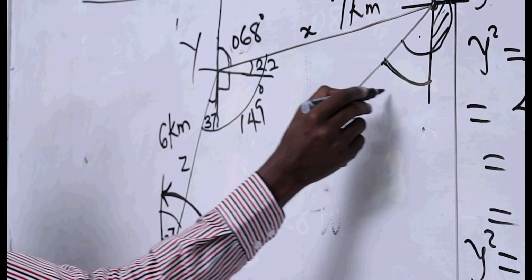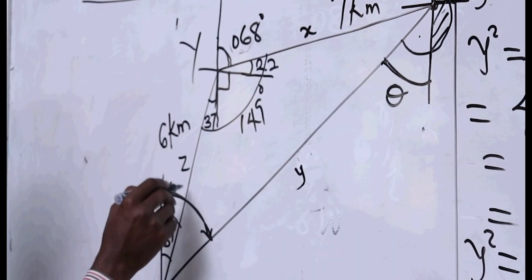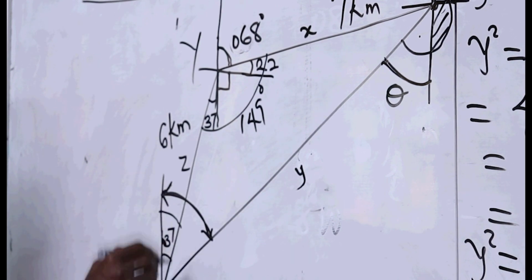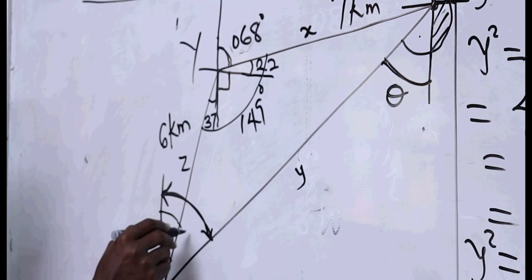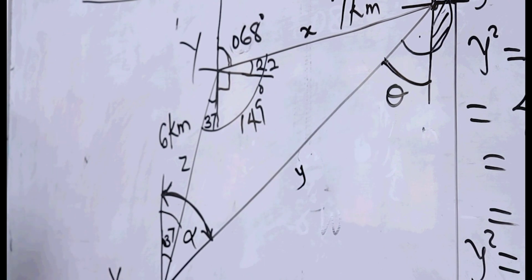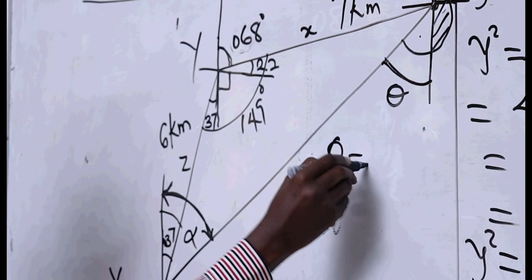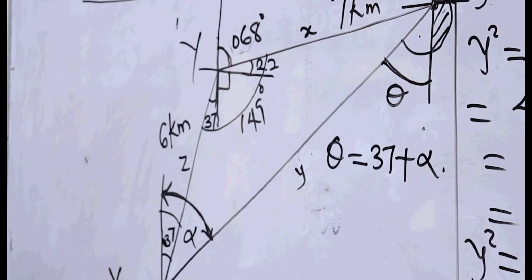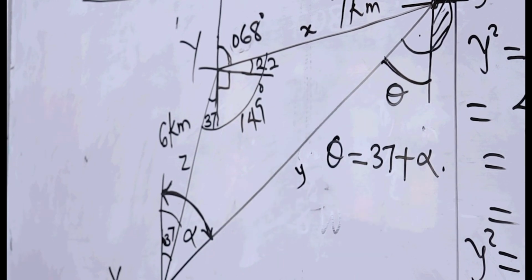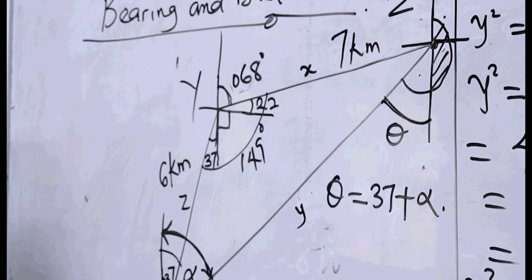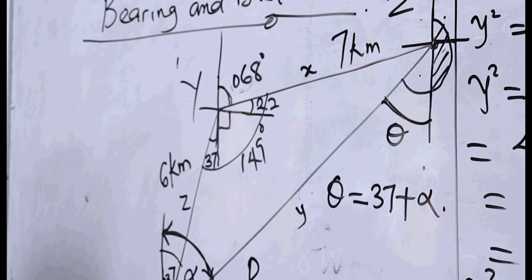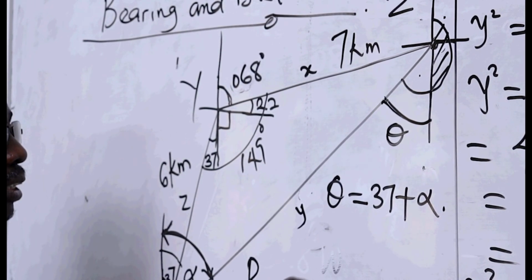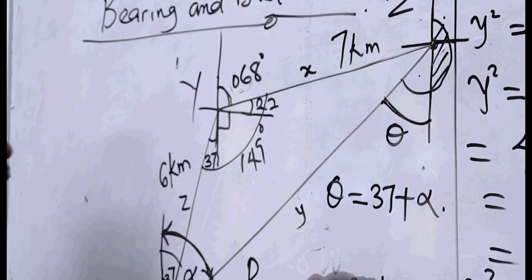So if I need this theta, it's the same thing as this angle, and I can find the small angle inside a triangle. It means my theta is equal to 37 plus alpha. Yes or no? Yes, sir. But the bearing they are asking us to find, I can make a statement for the bearing. The bearing is the bearing of x.